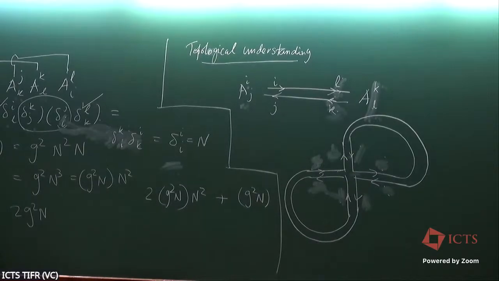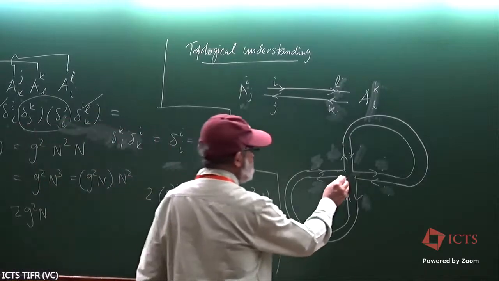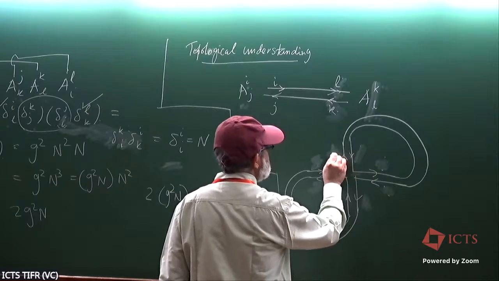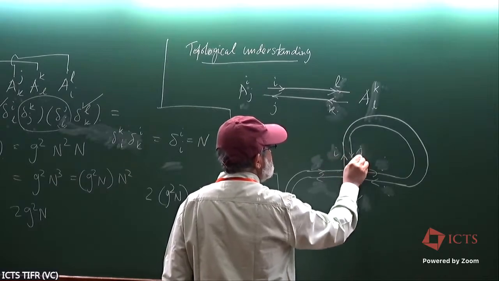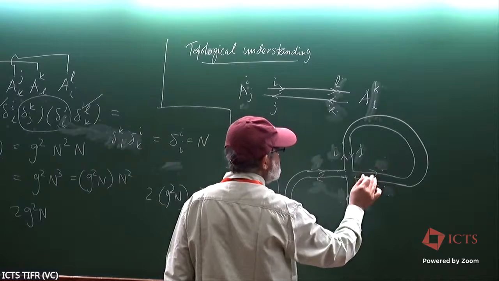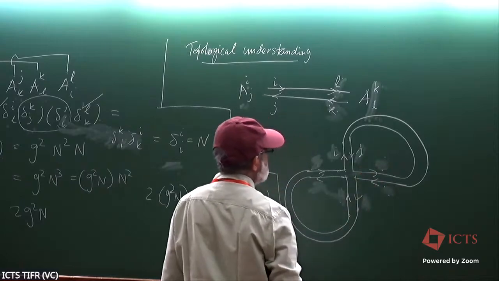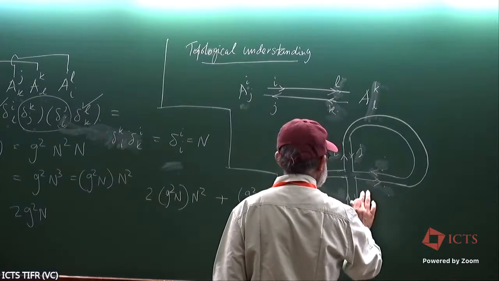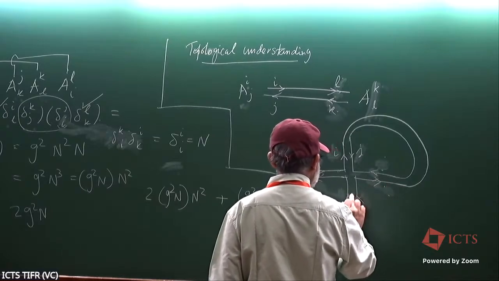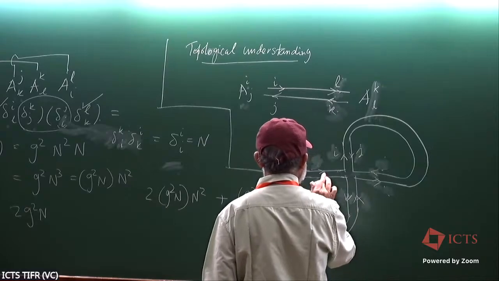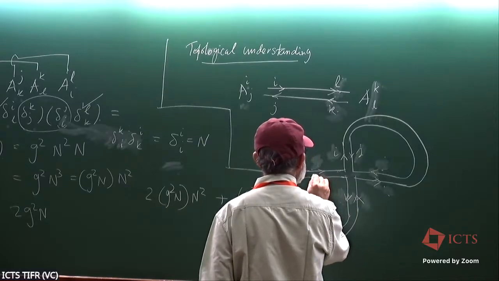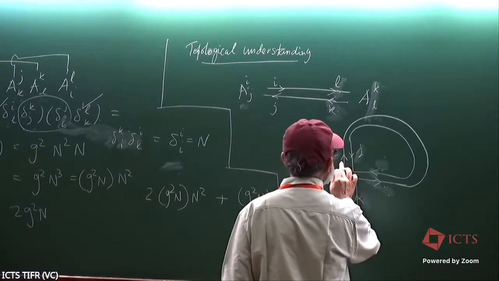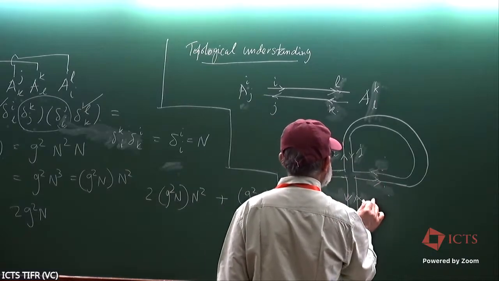And now let me count the number of index loops. So let us say if I call this I and this is J, this must be... oh, excuse me, I already made a mistake here.